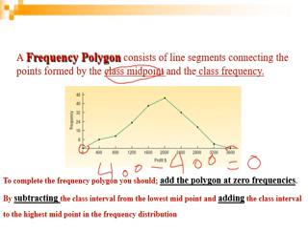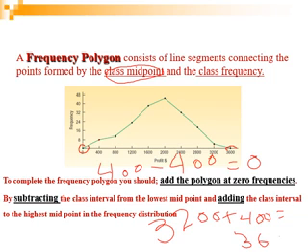To get the highest value, we add the class interval to the highest midpoint. The highest midpoint equals 3200. Adding the class interval, which is 400, equals 3600.